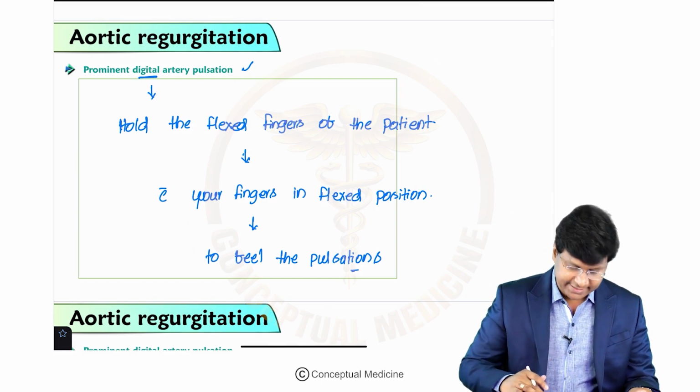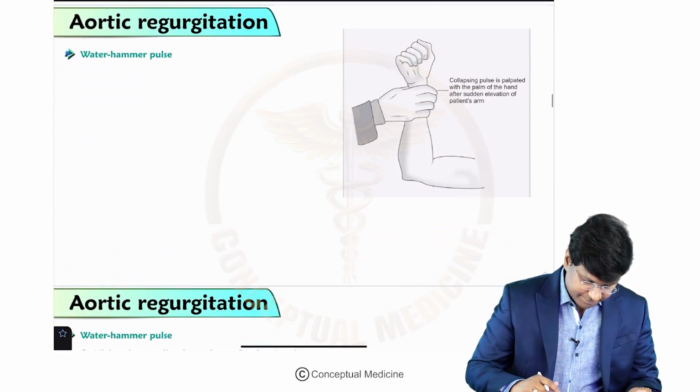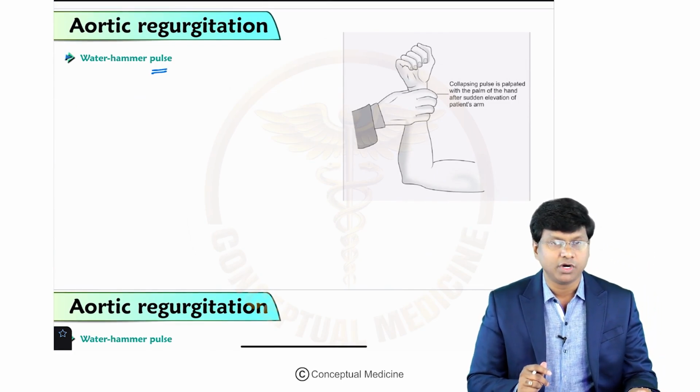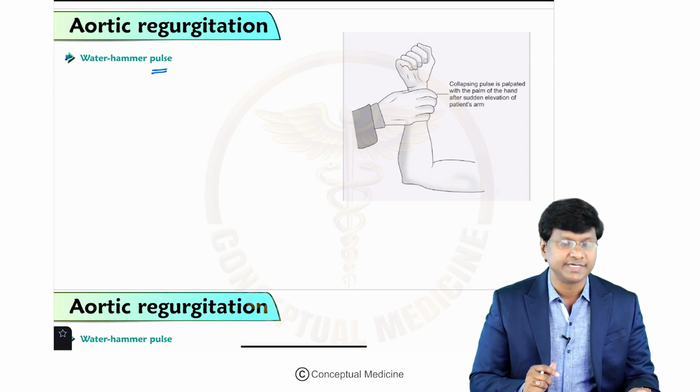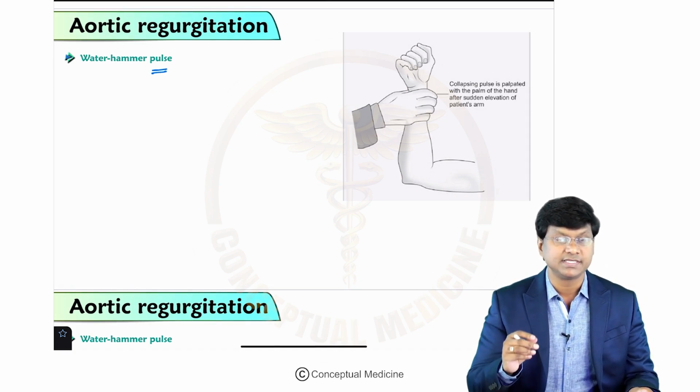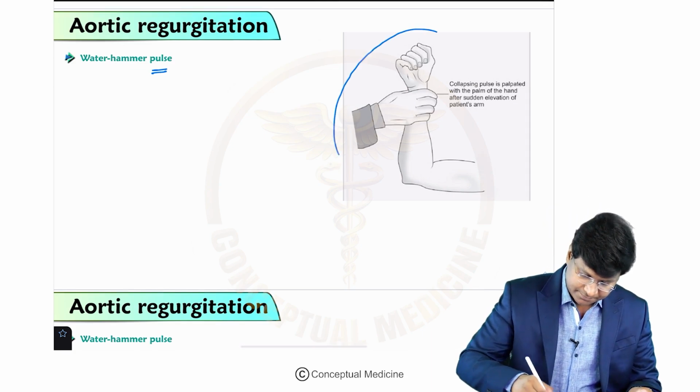Then followed by that, the next important pulse is the water hammer pulse. Now what do you mean by this water hammer pulse and how will you demonstrate this? In order to demonstrate this water hammer pulse, you need to raise the arm of the individual.